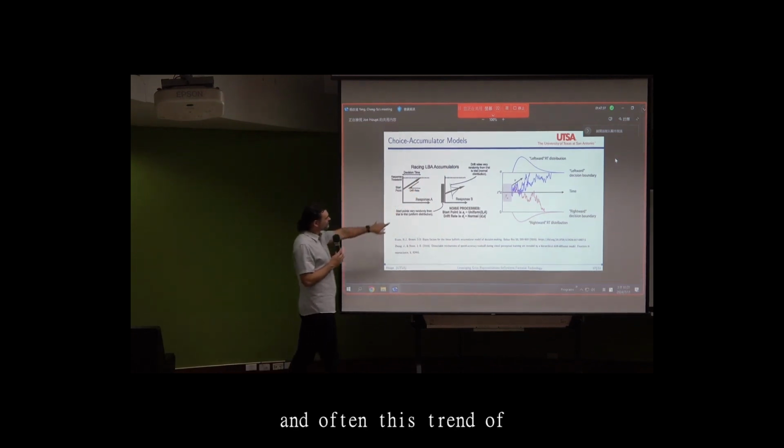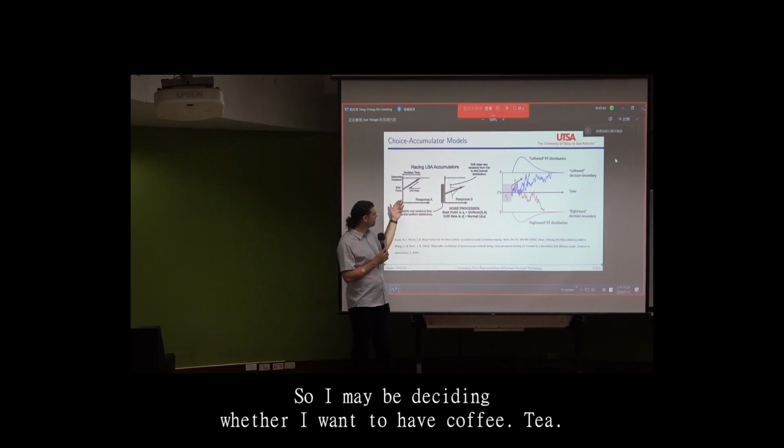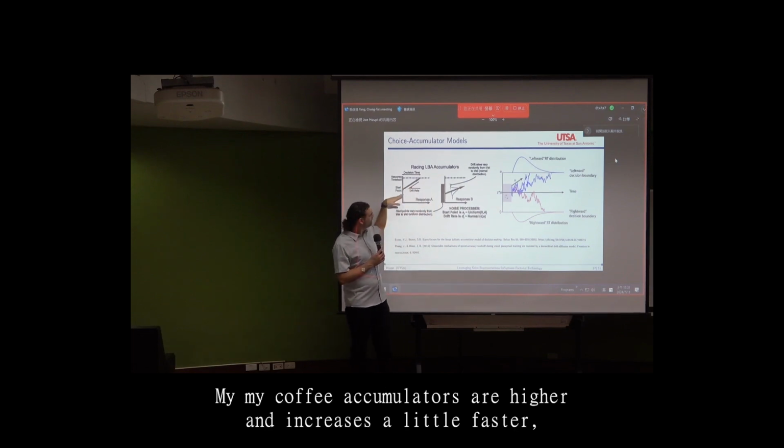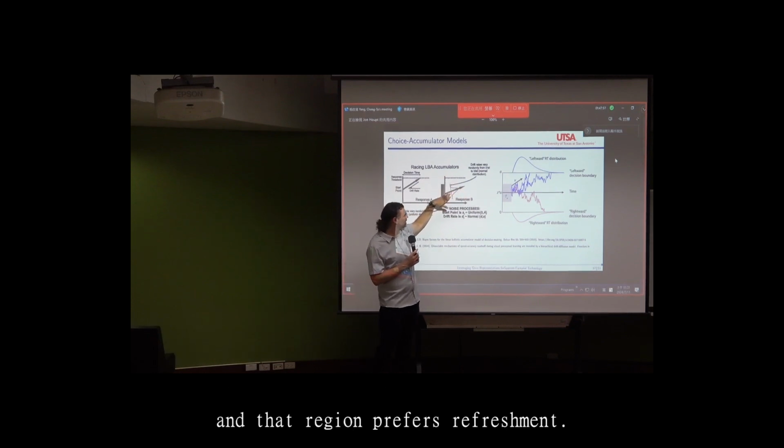And often this is framed with multiple choices as separate accumulators for each of the choices. So I may be deciding whether I want to have coffee or tea. My coffee accumulator starts higher and increases a little faster, but sometimes I happen to increase more quickly in preference for tea, and that reaches the threshold first.